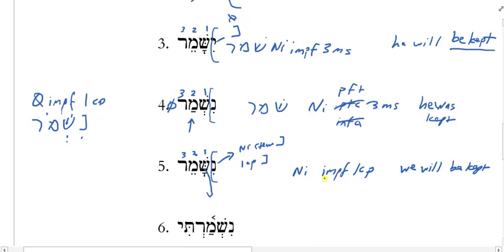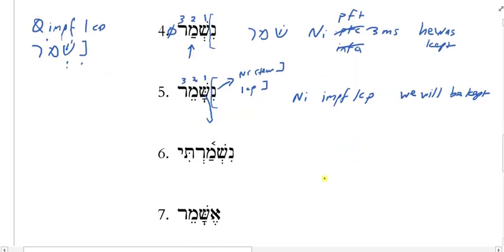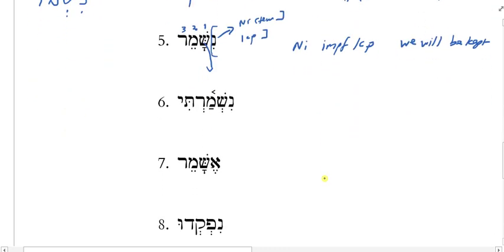Make sense? All right. Look at number 6. I have nishmarti. I have my same root letters, noon on the front end, tav on the back. What's that look like? Tav in the perfect, right?